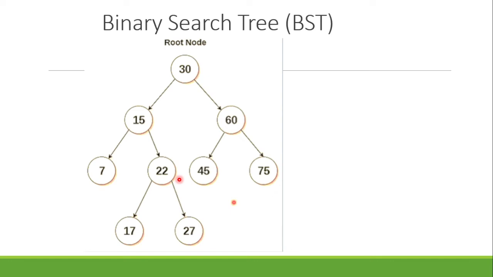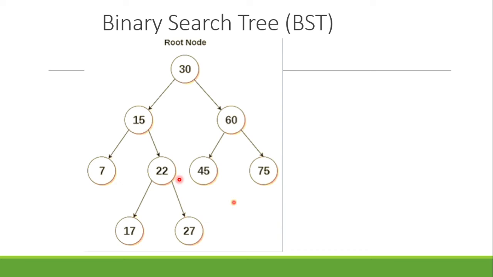There are a lot of applications and benefits if you are ordering values like this. As we always mention in data structures, it is all about arranging data in a particular manner. Why? Because we need to use them in an efficient way.